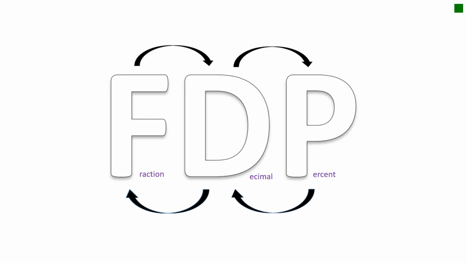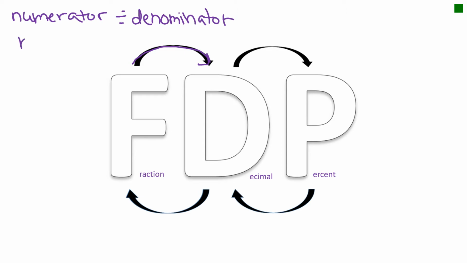If I'm going to convert a number from a fraction to a decimal, I would start by taking the numerator, or top number in the fraction, and dividing it by the denominator, or the bottom number in the fraction. So that may look like a fraction like this: numerator, top number, divided by denominator, or the bottom number. So that fraction bar would act as your division symbol.